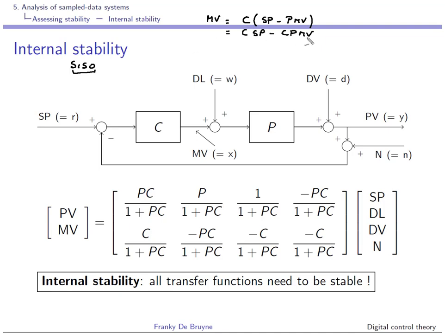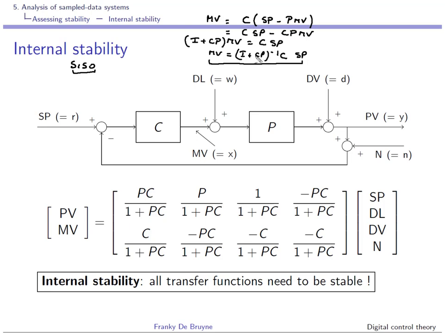So we take this one on the other side. We are assuming here that we are in the multivariable case. You would have an identity matrix plus CP acting on MV is CSP, and MV is this matrix inverse. We are multiplying this equation by the inverse of this matrix over here, CSP. Okay, so in the multivariable case you would have something like this.